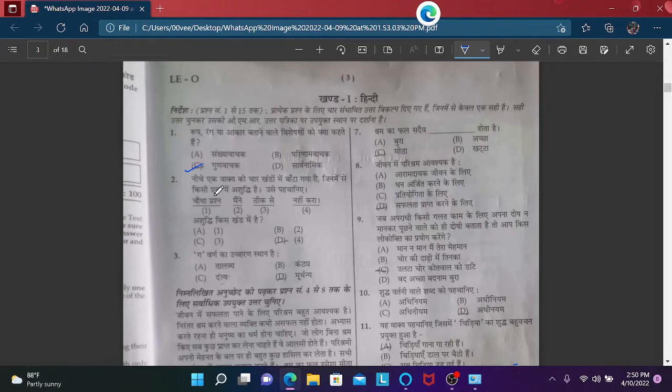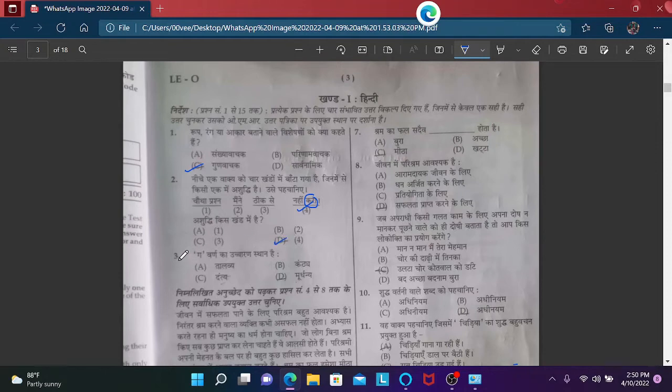In Hindi, "kara" is not correct, "kya" is correct. So the mistake is in the fourth part, so that is option D.